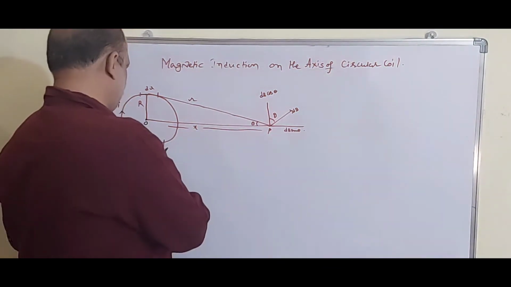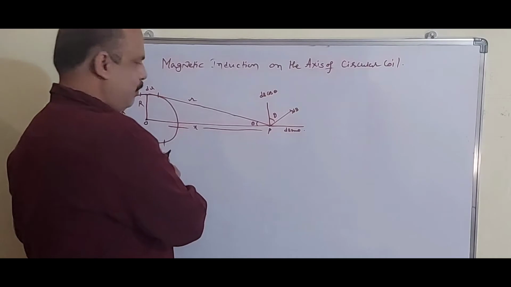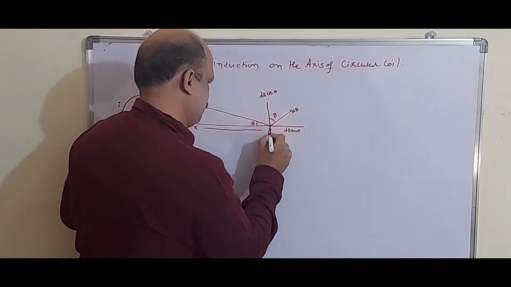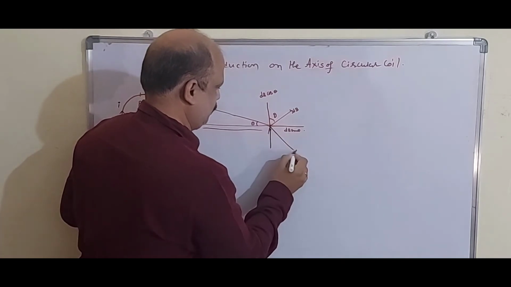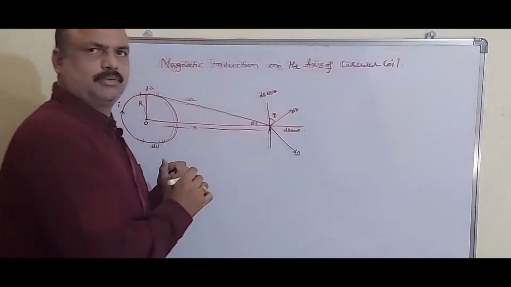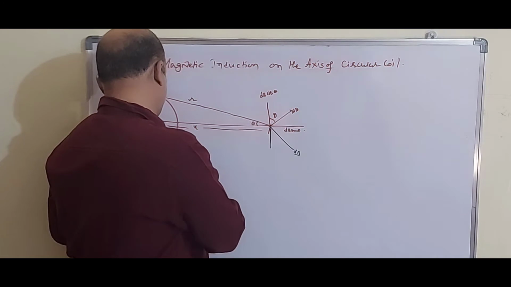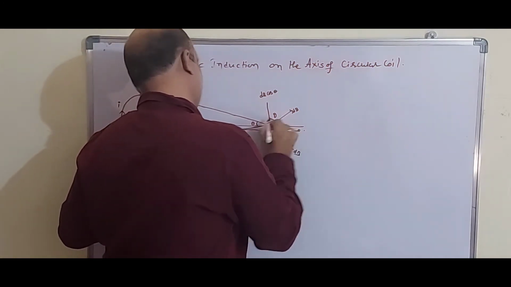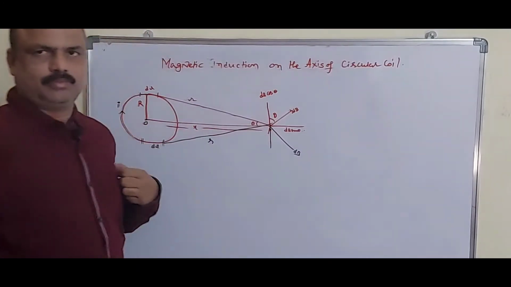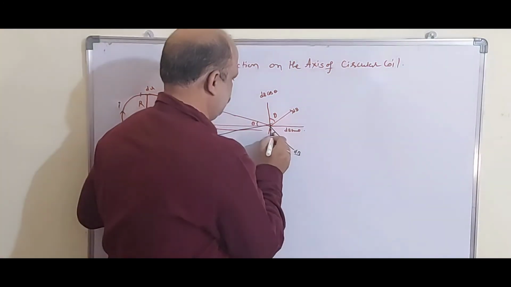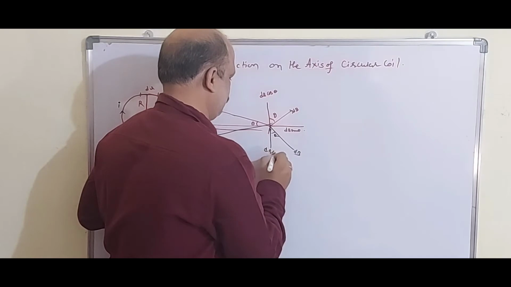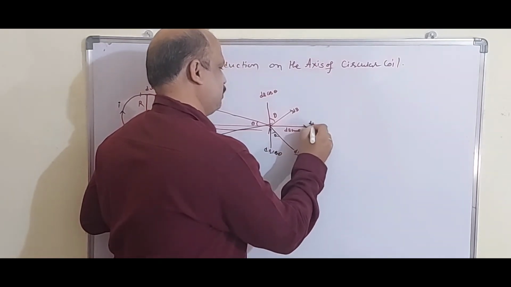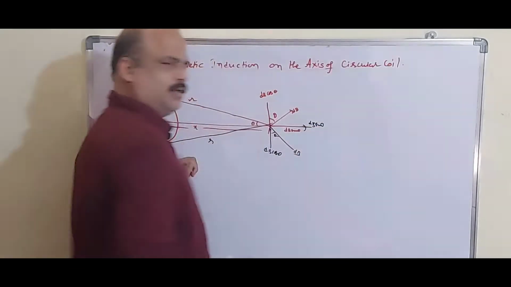For example, due to this small element, the magnetic induction is along this direction, and this element is also at a distance r.